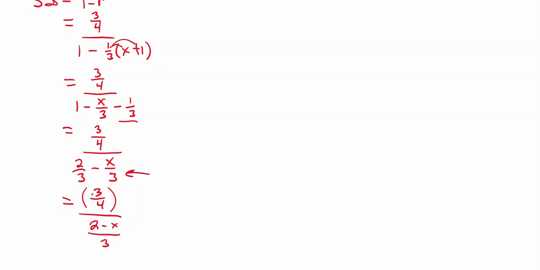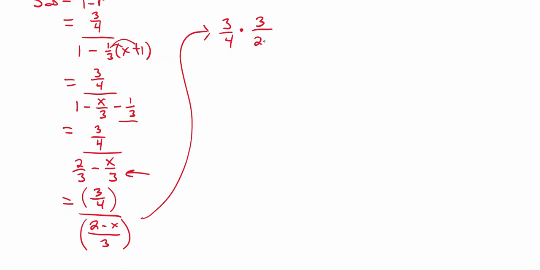So now we've got our fraction on the top, our fraction on the bottom. Let's make this look a little nicer. I'm just going to carry on up here by using the fact that dividing by a fraction is the same as multiplying by the reciprocal. So we'll say 3 over 4 times 3 over 2 minus x.